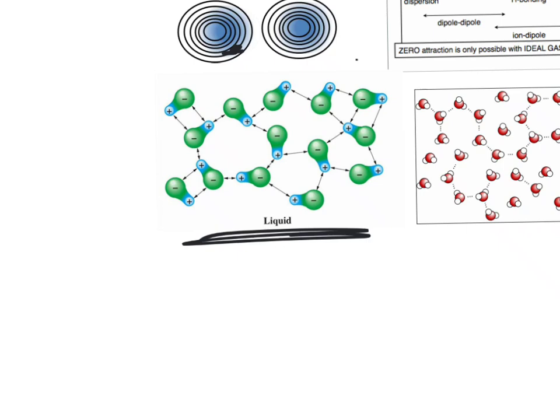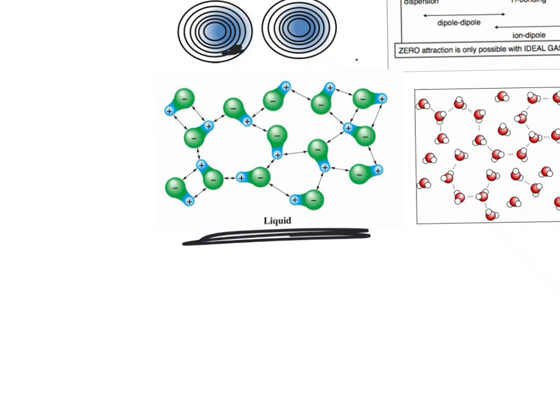What kind of forces are being represented in this picture here with the green and blue spheres? Dipole-dipole. So here we have atoms that are bonded together. We can say this is HCl, where the chlorine has a net negative charge and the hydrogen has a partial positive charge.